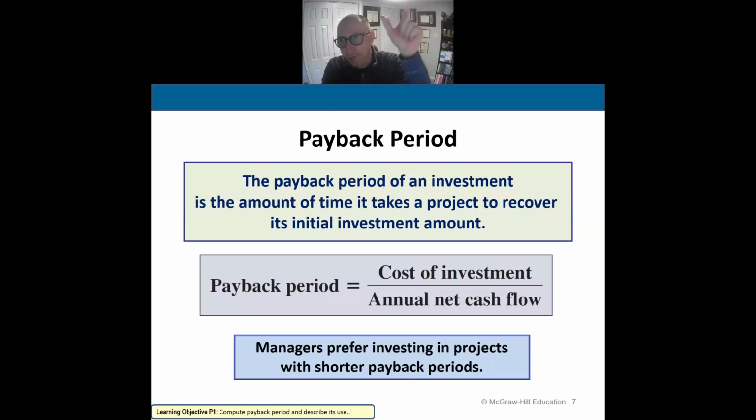So we take the cost of the investment, acquisition cost of the machinery, divided by annual net cash flow to get me the number of years it will take me to recover the initial investment, payback period.